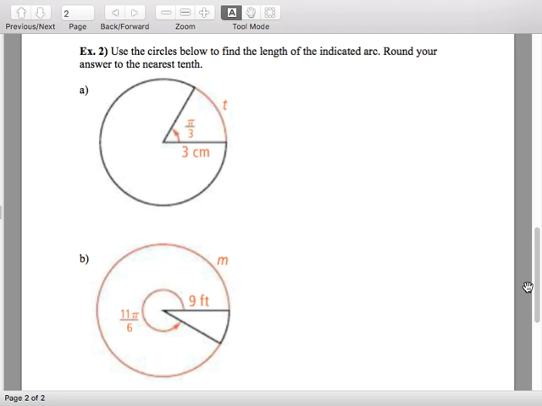I need you to focus. We can chat about this in a little bit, but right now I need you focusing on these three problems. Shh. You're supposed to be working. Use your formula. S equals r theta.